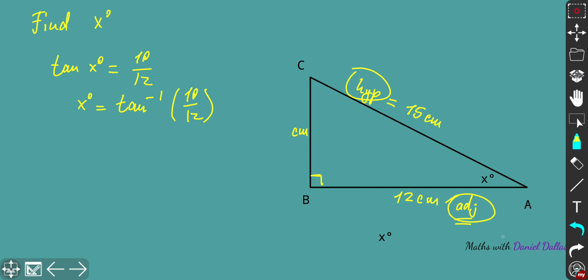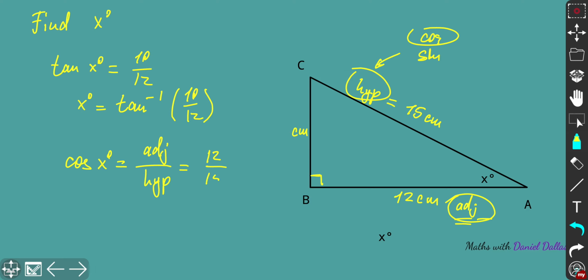When you have the adjacent side and the hypotenuse, in other words when you always have the hypotenuse, you need to use either the cos rule or the sine rule. In this case, because you're given the adjacent leg, you definitely choose cos. So cos by definition of the angle X is simply adjacent over hypotenuse, and that's how you build up your ratio as 12 to 15.